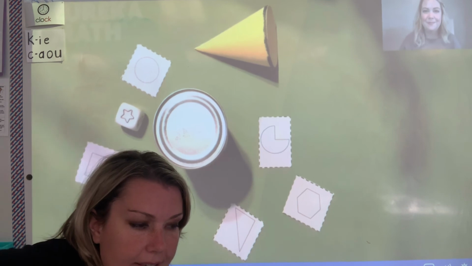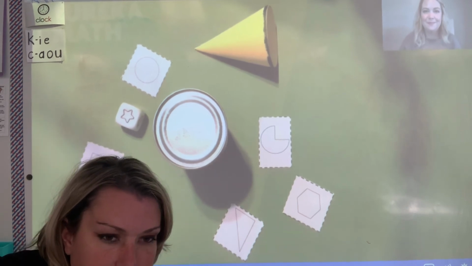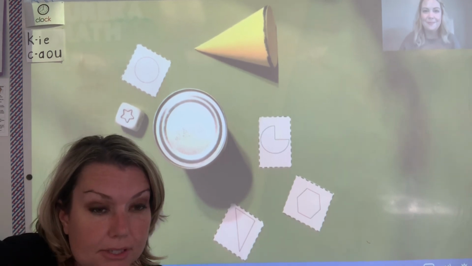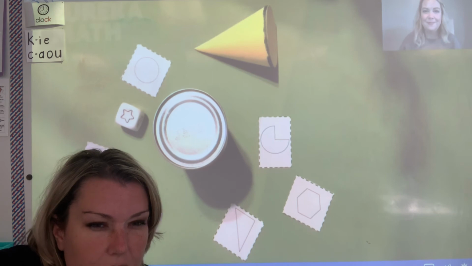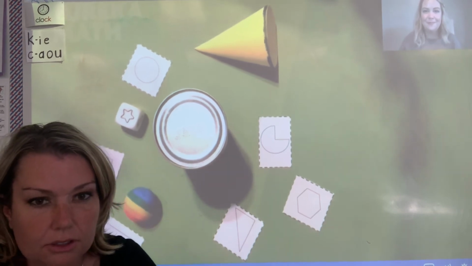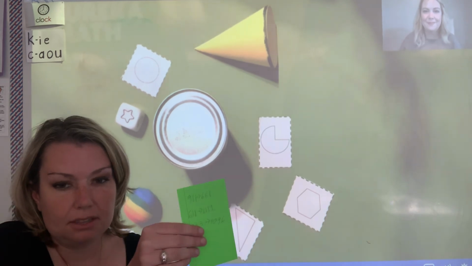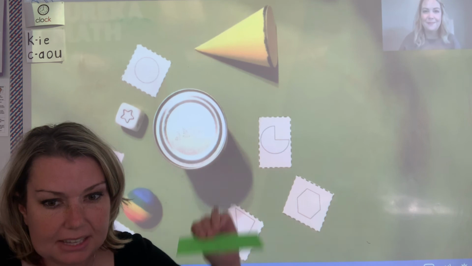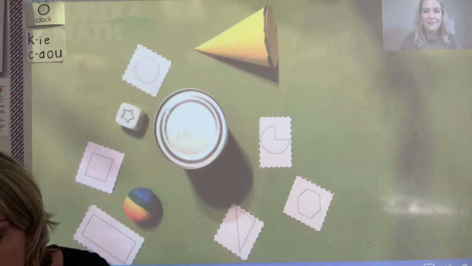Ryan, what do you notice? The solid shapes are much bigger. Can you see the flat shapes when you do that? Look at my flat shape. Yeah, it almost turns invisible, doesn't it? Let's see what Miss Hawkins says.